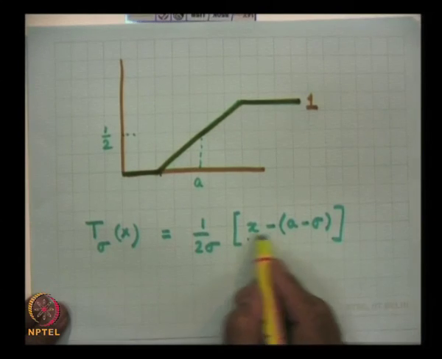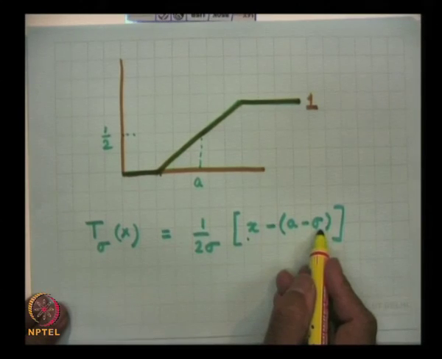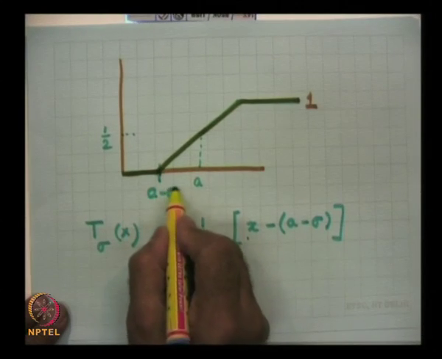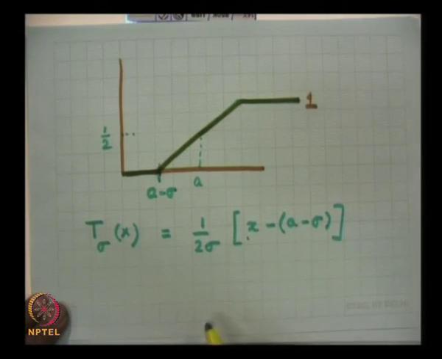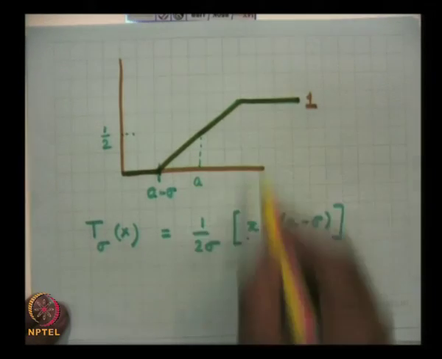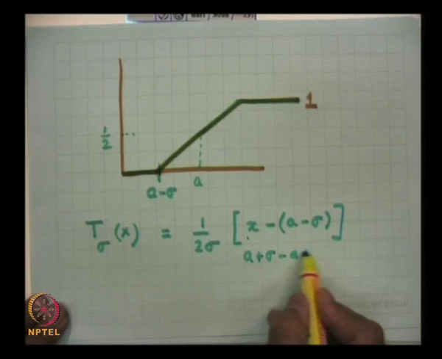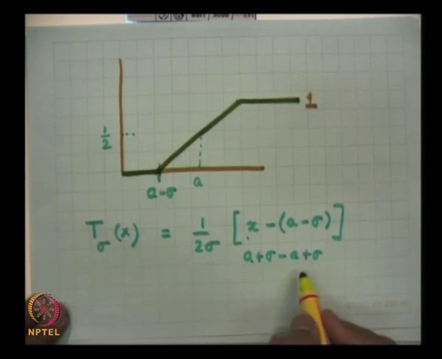So, at x is equal to a minus sigma, this is 0. At x is equal to a plus sigma, this becomes a plus sigma minus a plus sigma, 2 sigma, cancels out. So, that is 1.